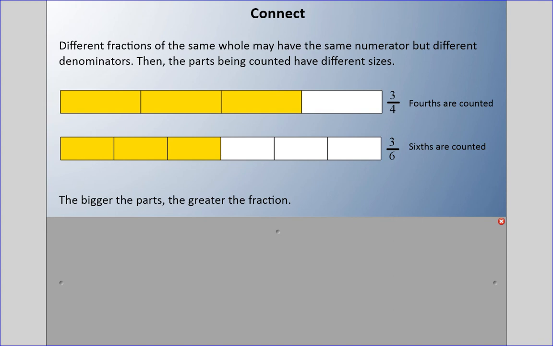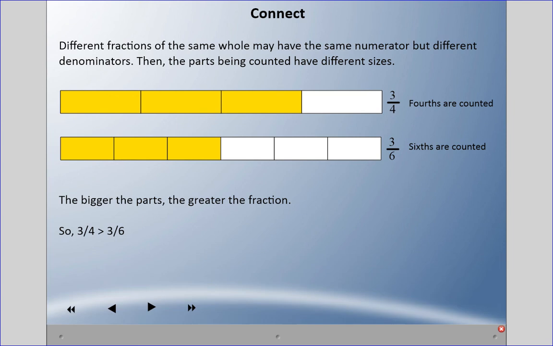But the bottom bar has been divided into 6 equal parts. And so even though we're both counting 3 parts, because the pieces are larger, 3/4 is a larger fraction than 3/6. So we can say that 3/4 is greater than 3/6. 3/4 greater than, alligator eating the bigger one, than 3/6.